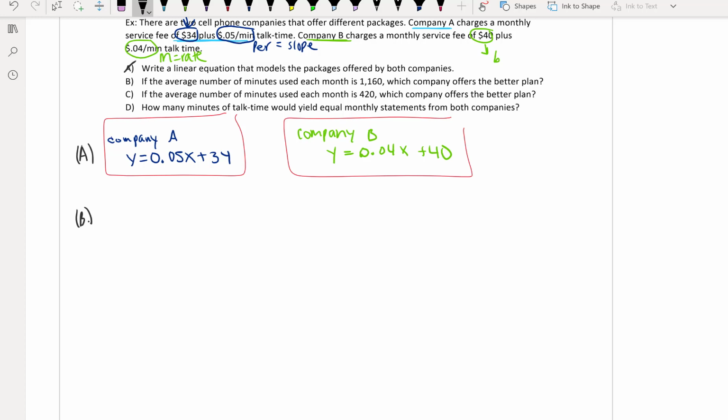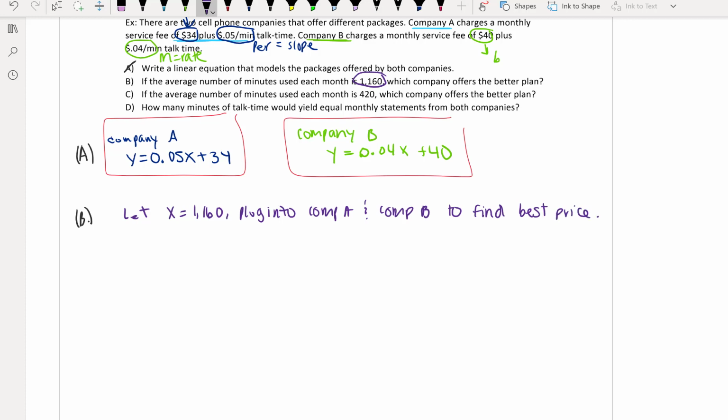So what we're going to do is let x equal 1,160, plug into company A and company B to find the best price.